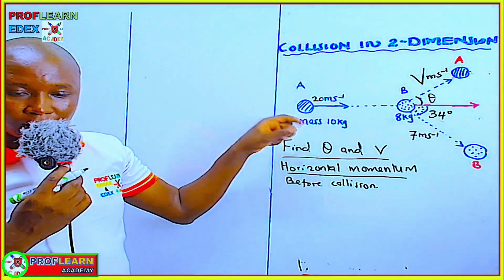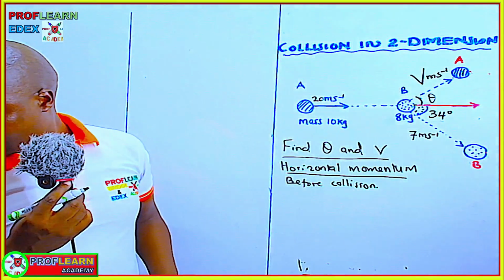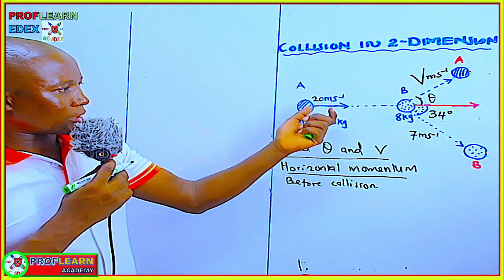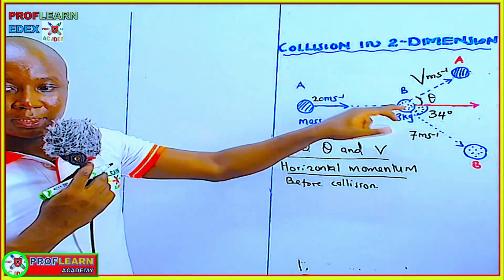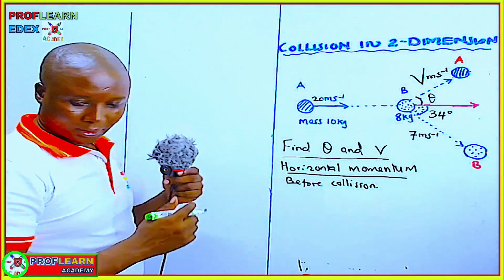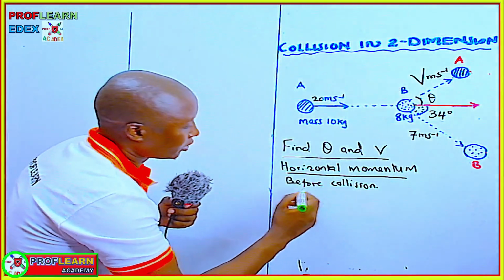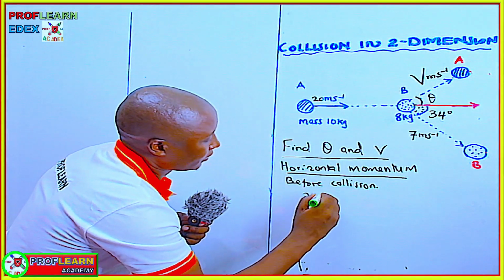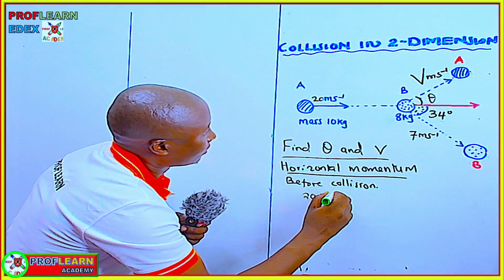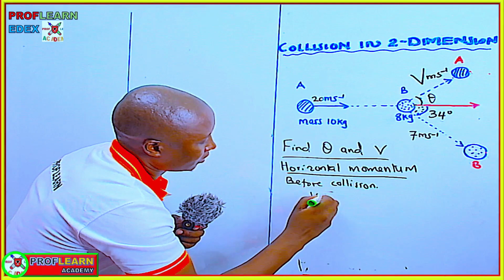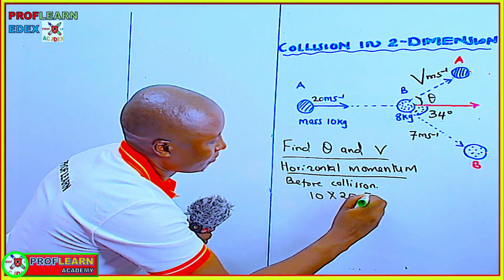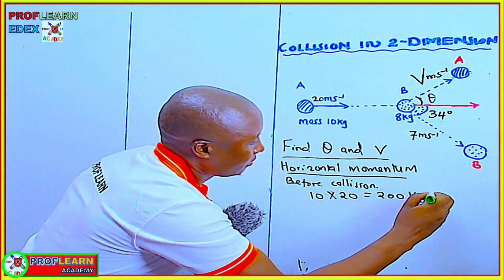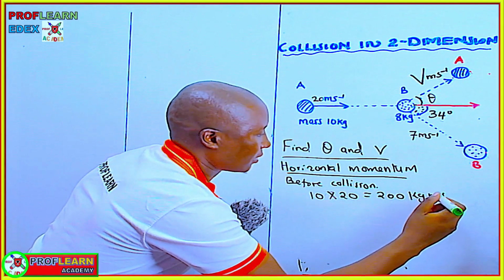This is the only object that is moving, because it is moving at 20 meters per second, but this object is at rest. So which will mean that momentum before collision is going to be 10 times 20. That is going to be 200 kg meter per second.